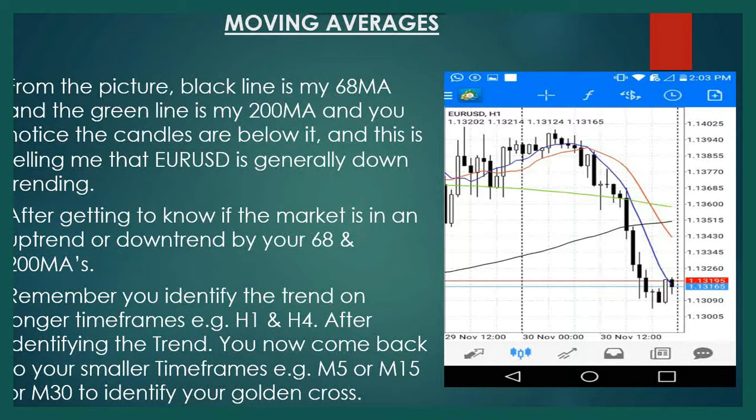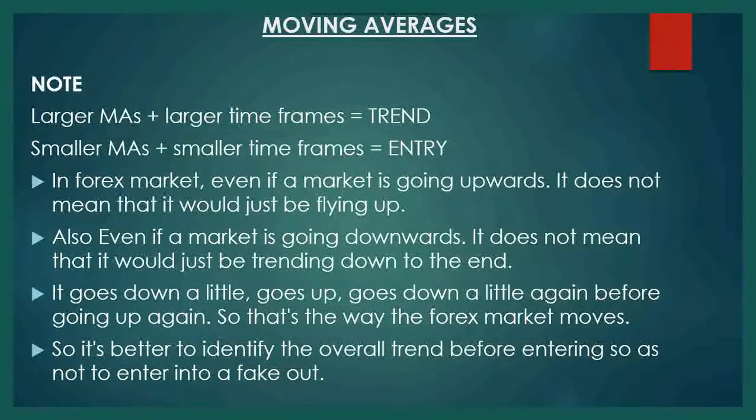After identifying the trend, you now come back to your smaller time frames, that is 5 minutes or 15 minutes or 30 minutes time frame, to identify your golden cross. Notes: larger MAs plus larger time frames equals trend. Smaller time frames and smaller MAs equals entry.